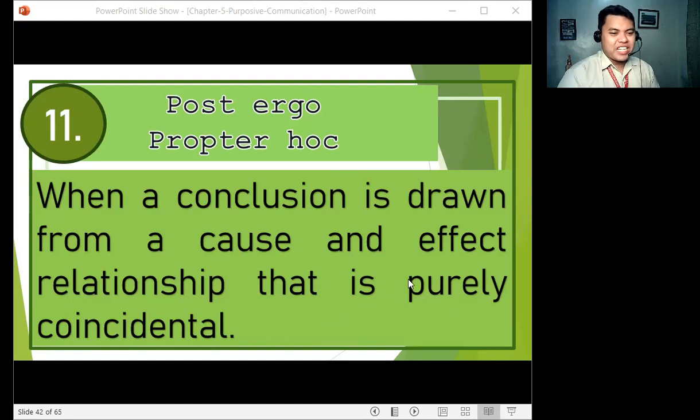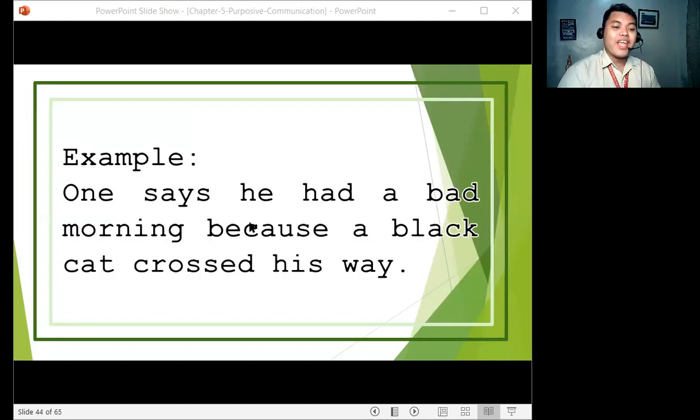Example of it, let's have an example. One says he had a bad morning because a black cat crossed his way. Another one, Friday the 13th. My wallet was lost last Friday. I remember that was the 13th.